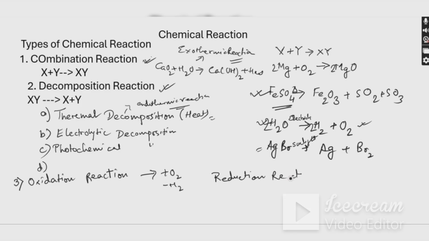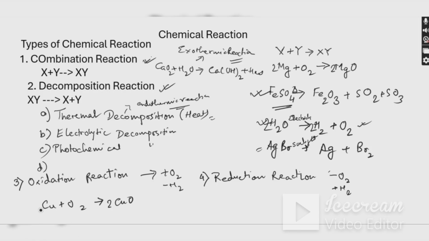Reduction reaction, what do we have? Here, removal of oxygen and or addition of hydrogen will take place. So I will say both together. For oxidation reaction, I will have copper plus oxygen giving copper oxide.